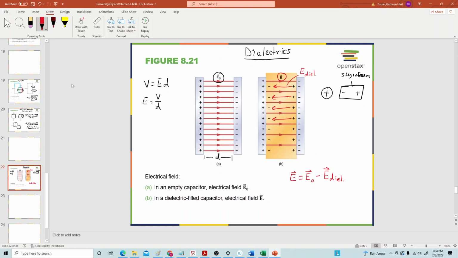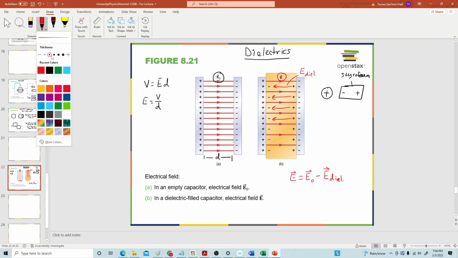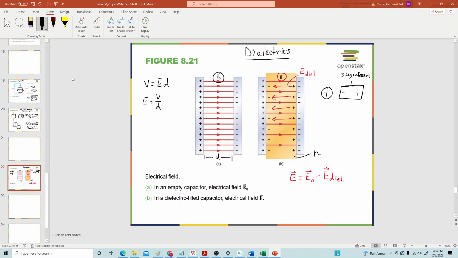Now, why is this important? We characterize dielectrics quantitatively by the symbol kappa.